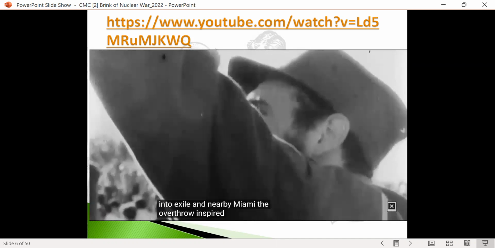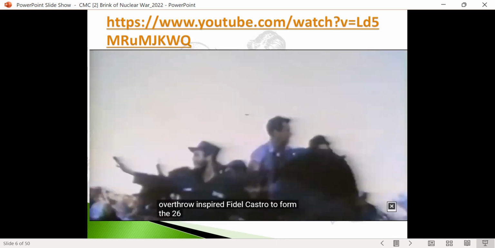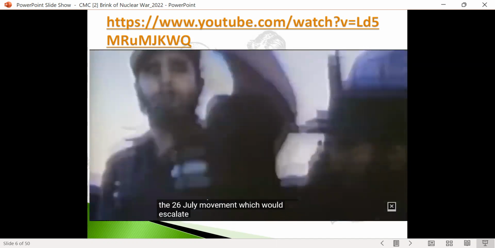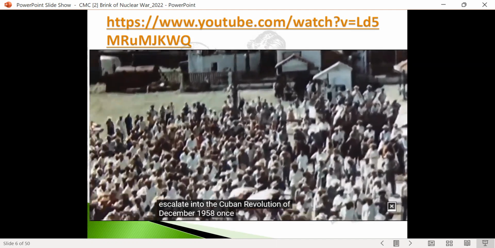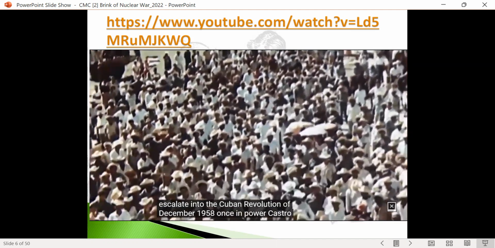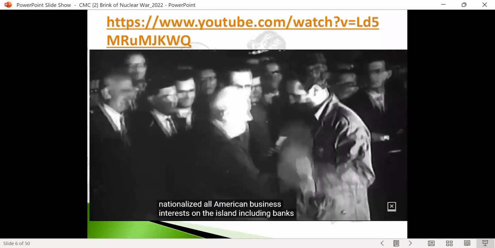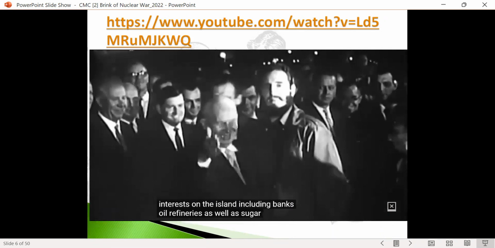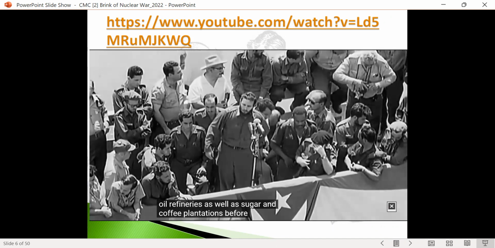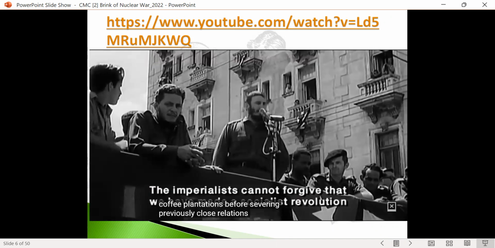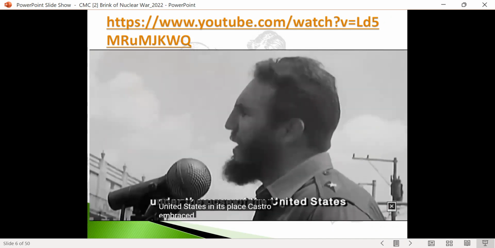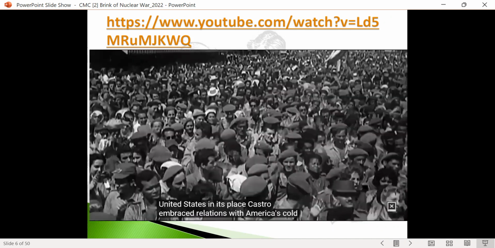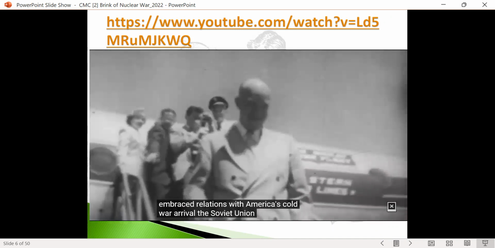The overthrow inspired Fidel Castro to form the 26th July movement, which would escalate into the Cuban Revolution of December 1958. Once in power, Castro nationalized all American business interests from the island, including banks, oil refineries, as well as sugar and coffee plantations, before severing previously close relations with the United States. In its place, Castro embraced relations with America's Cold War rival, the Soviet Union.